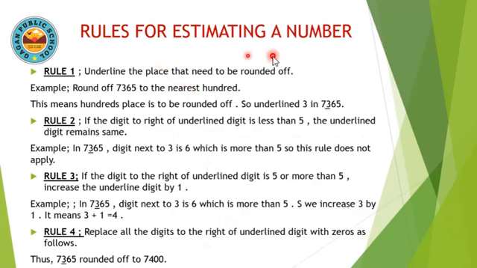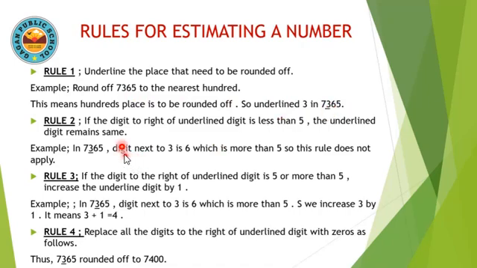Now, there are some rules for estimating a number. Like there is one number 7365 and you have to round it off. Suppose you have to round off to the nearest 100. Okay, now for the nearest 100, what number is there at the 100's place? 3. 3 is at the 100's place, so you will underline the number 3.